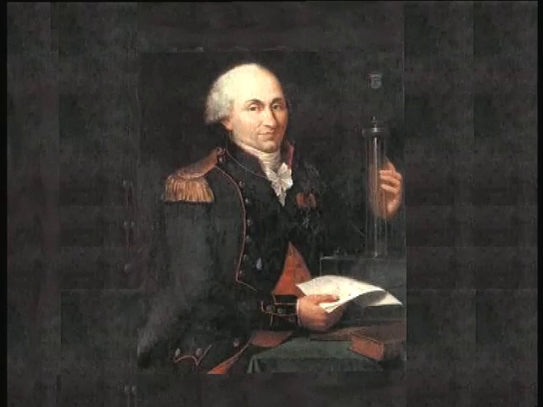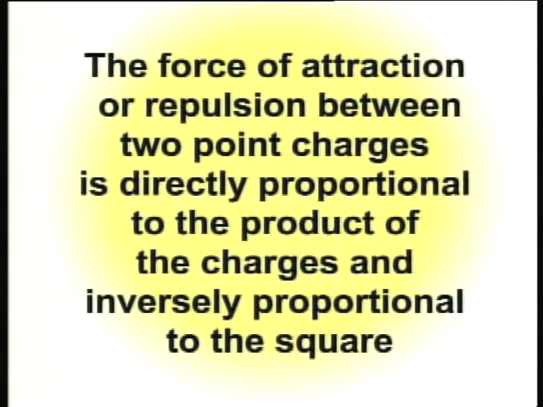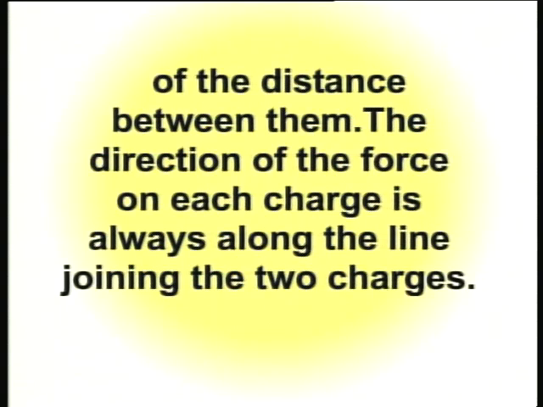Now let us investigate the force exerted by one charged body over another charged body. Charles Coulomb first of all gave us a law to determine this force. According to this law, the force of attraction or repulsion between two point charges is directly proportional to the product of the charges and inversely proportional to the square of the distance between them.